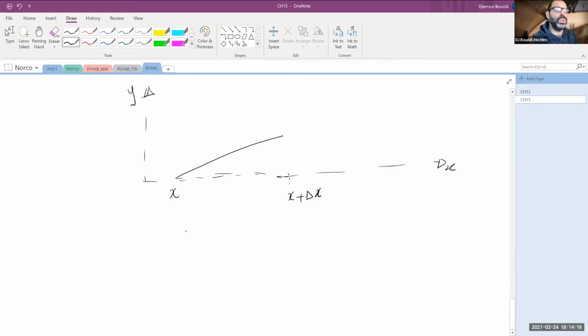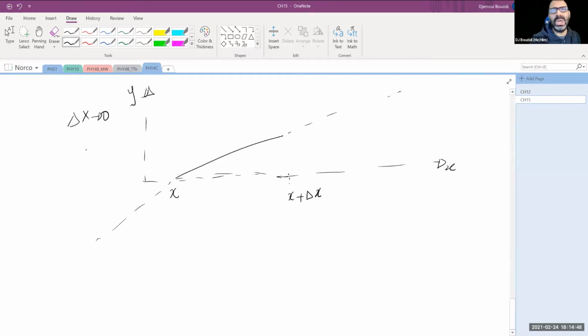This is not the whole string. The string extends, so there are portions I'm not drawing on either side. I just took a portion of the string located between the points x and x plus delta x. As you know from calculus, this delta x will go to 0 at some point. We're going to push this to 0 so that we're dealing with a small portion of the string. I'm blowing it up here so that you can see how it looks.